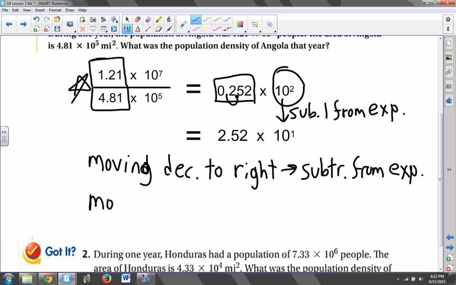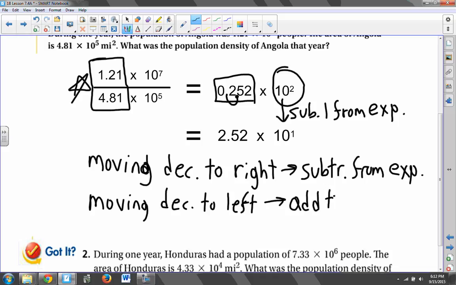If we move it to the left, it should make sense that we add to the exponent. Moving decimal to the left means we add to the exponent.